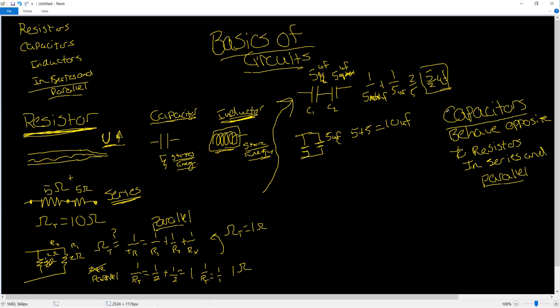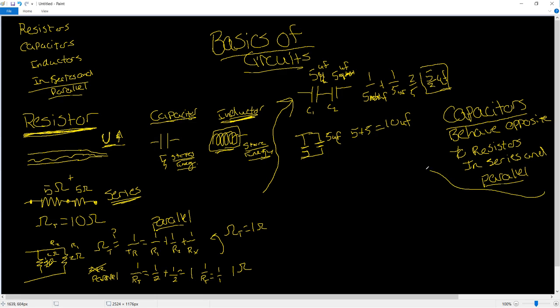That's basically the key thing you need to take away. Really all you need to learn and know by heart is how resistors work, because if you know how the resistors work, you can just do the opposite for the capacitors.